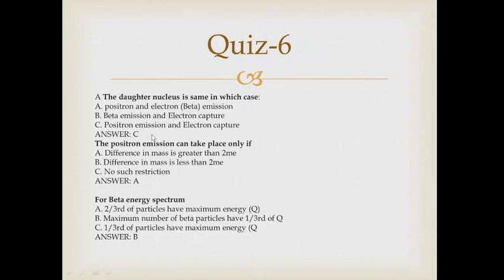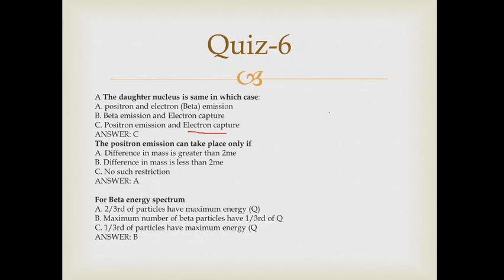So one is not able to say for sure whether the daughter nucleus has arrived because of the positron emission or because of electron capture. The only signature is if the electron gets captured from the lower orbit.